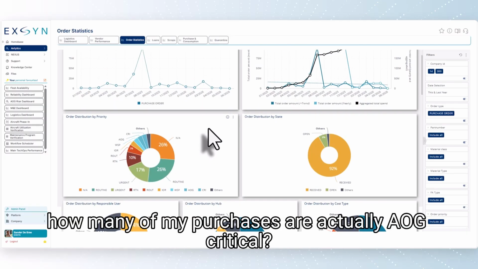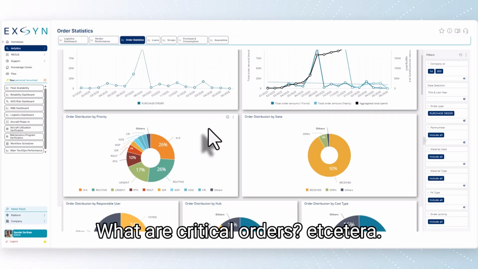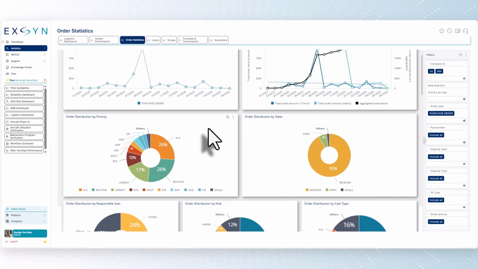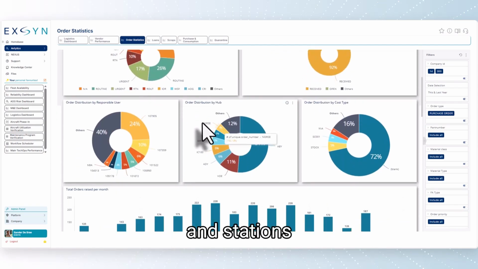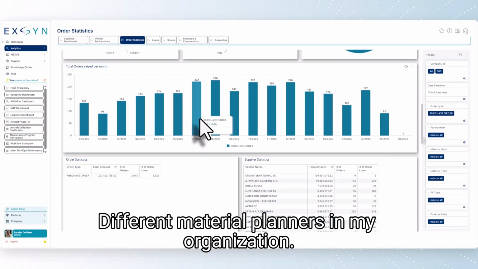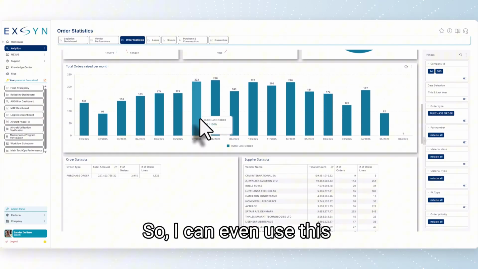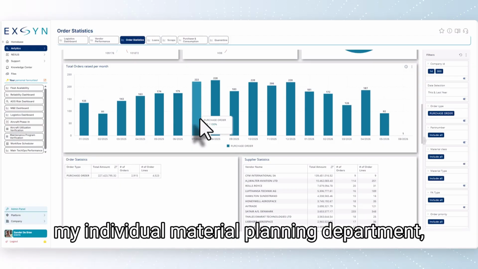So how many of my purchases are actually AOG critical, what is routine replenishment, what are critical orders, etc. I can see the different hubs and stations where that material is being sent to, and different material planners in my organization. So I can even use this for efficiency analysis around my individual material planning department.